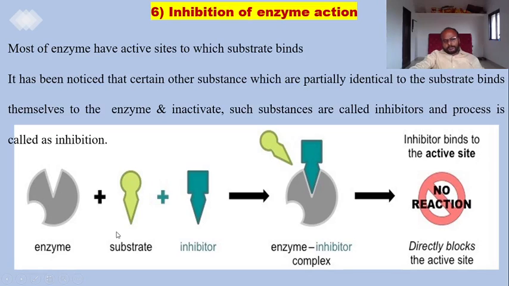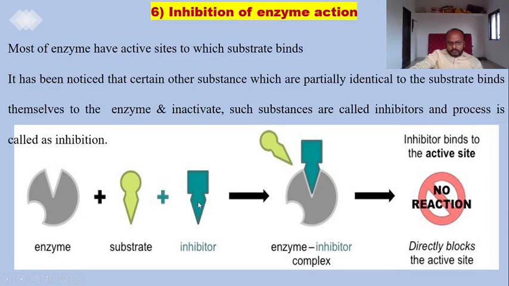Suppose we add this other substrate to the same reaction mixture, then sometimes this substrate acts on the enzyme, and an enzyme-substrate complex is formed. But this substrate is not a specific substrate, it is not identical to this enzyme.